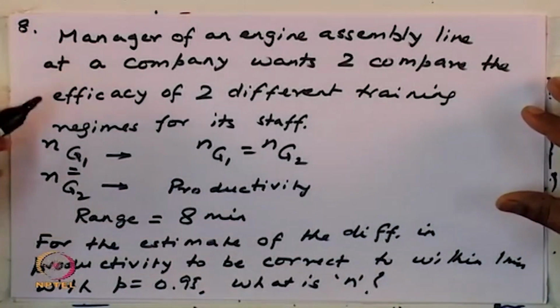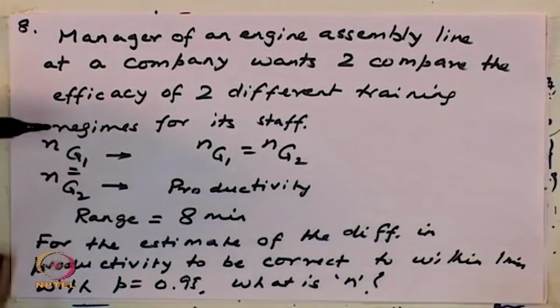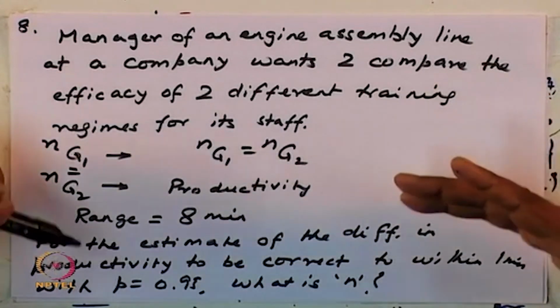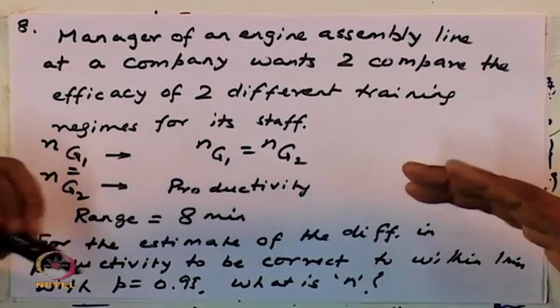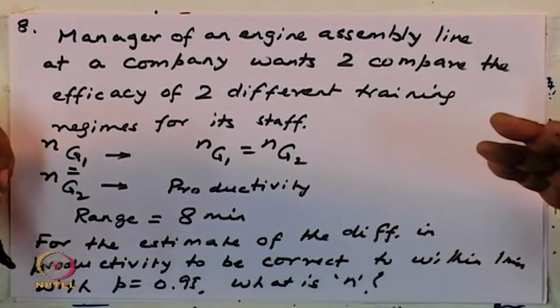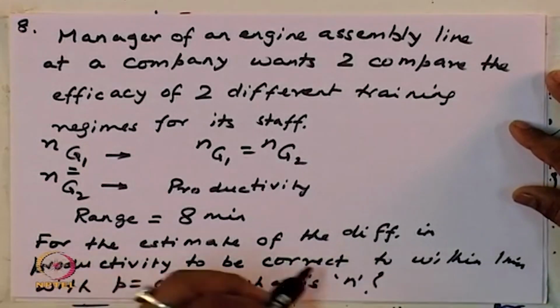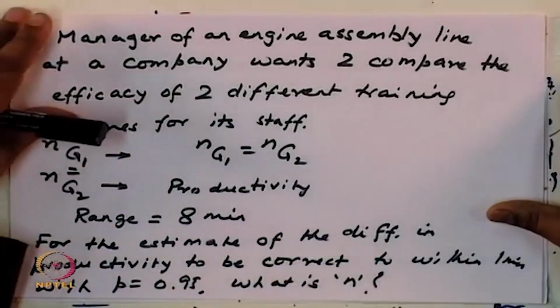In other words, what the question asks is how many people need to be in each group, so that when we compare the statistics of their performance, the difference in their average performance, the estimate of the difference in productivity is correct to within 1 minute.